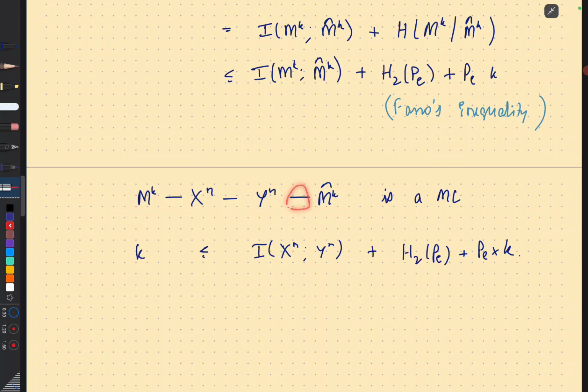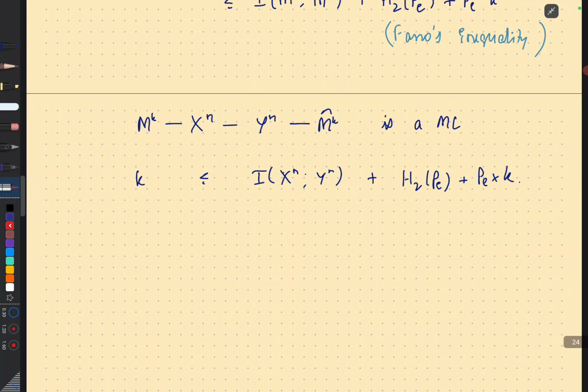Because this is a deterministic operation, it's the decoding operation. This is also a deterministic operation, it's the encoding operation. And this channel only takes xn as input and outputs yn independent of everything else. All right? If it's a Markov chain, then I can use the data processing inequality. It simply says that mutual information between xn and yn is greater than or equal to the mutual information between mk and mk hat. That's all that I have used here.